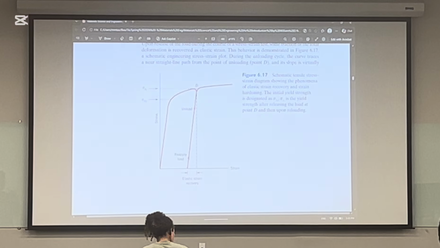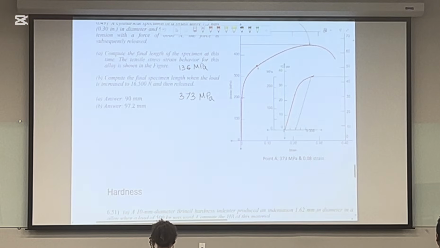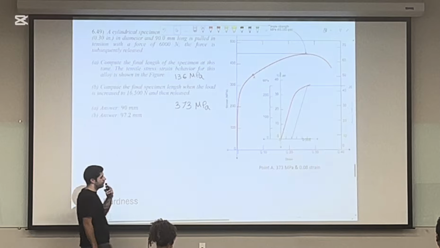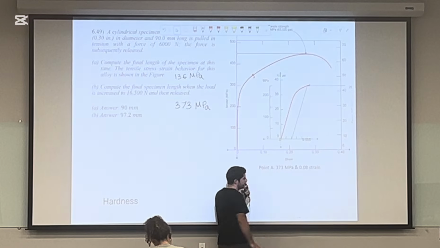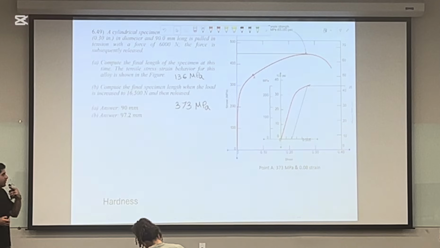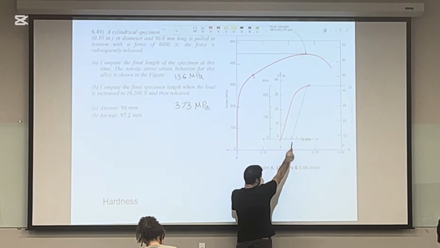That's why we subtract the elastic portion from the total change. So in our question, which is not this one, which is this, this is our strain here. But we just said we have to subtract the elastic portion out of it. But here, the elastic portion is just so small, just 0.002.